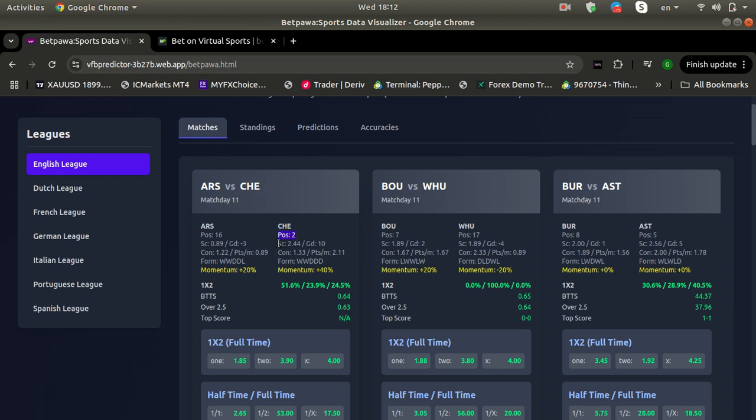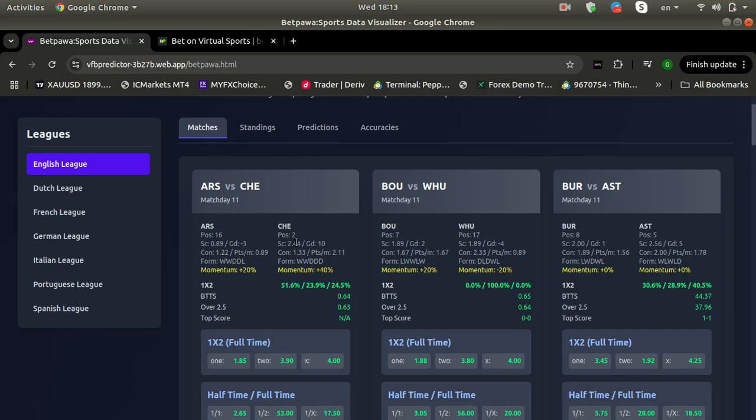The goals scored per match for Chelsea is 2.44, so we can see that Chelsea scores around 2 goals per match. Since it's math we are doing here, it gives 2.44 goals, because sometimes it scores 3, other times it scores 2.